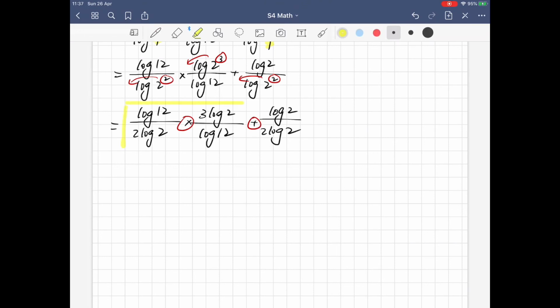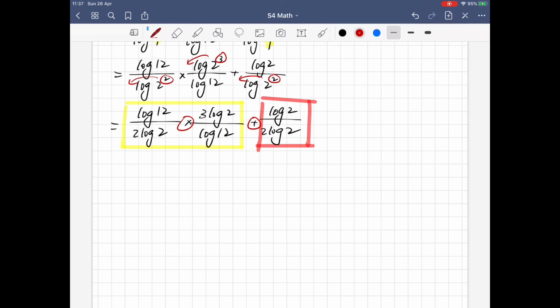And therefore, the first and the second expression is one term, okay, while the third expression is another term. Okay, that means for the yellow box and the red box, the cancellation cannot be done together. Okay, so we have to do the cancellation separately.